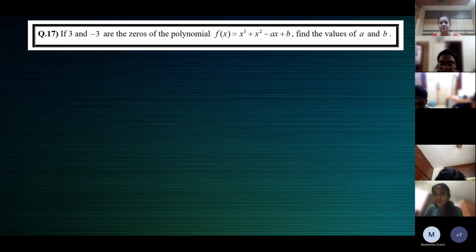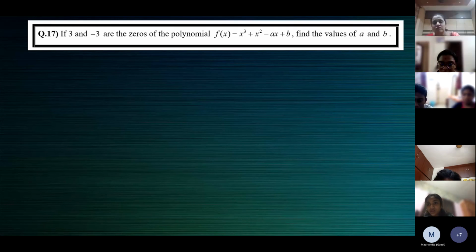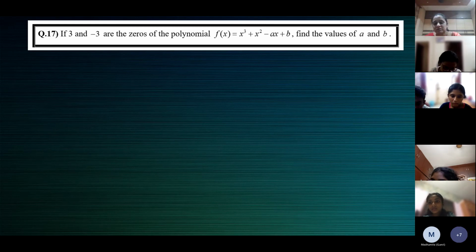Yeah, 3 is a 0 means x minus 3 is a factor, correct? So factor means? It is a 0 of that column. No, I'm looking for that condition which I always say you must write. When you know the remainder, you must write an equation, that condition. I'm expecting that answer from you people.